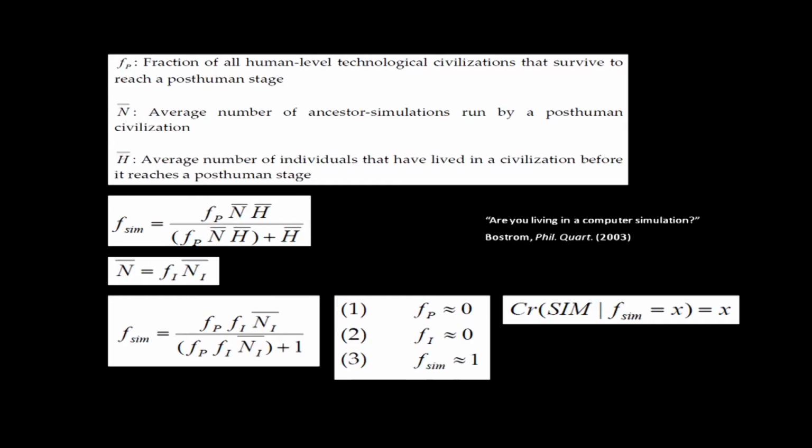So then you can simply write down the formula, the fraction of people like us who live in simulations compared to the fraction of people like us who don't live in simulations. And you can see it without going through the mathematics, if you just think about it. So you have these three possibilities. Suppose the first one was false, so some non-trivial fraction of civilizations like ours do reach technological maturity.